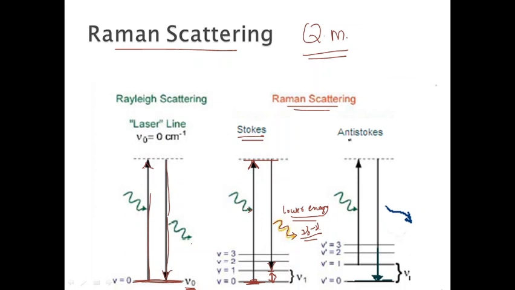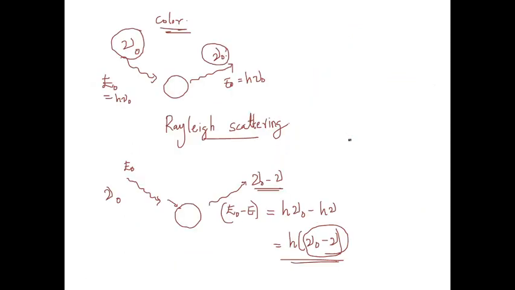Now coming to the anti-Stokes lines, in that process a second type of scattering can occur. In this case, the sample molecule will be already at an excited state. Now the incident photon, which has a frequency nu0 and an energy E0, might be scattered off, but this excited sample molecule can actually contribute some energy to the photon, so that the energy of the photon is increased by a small amount.